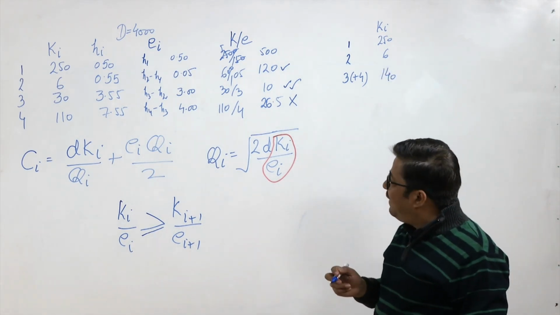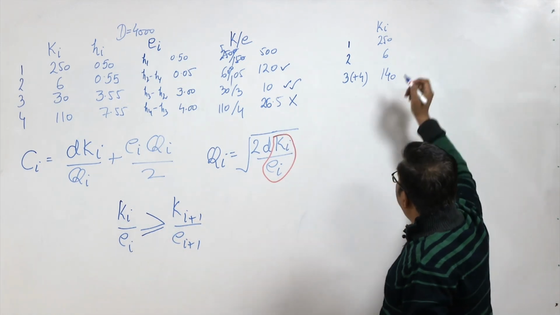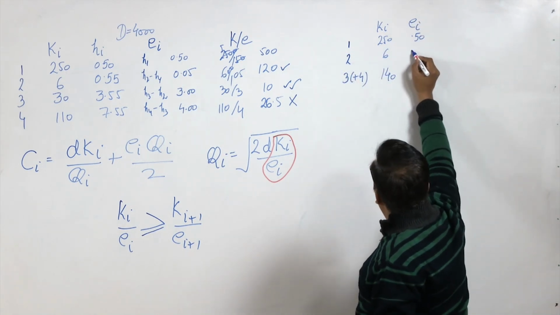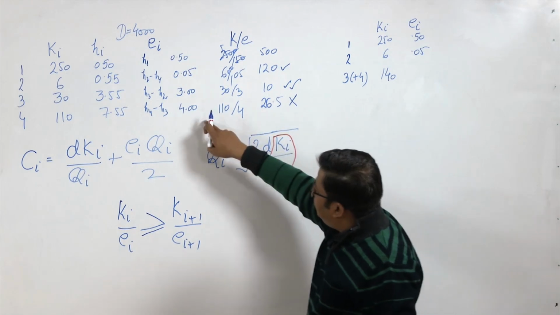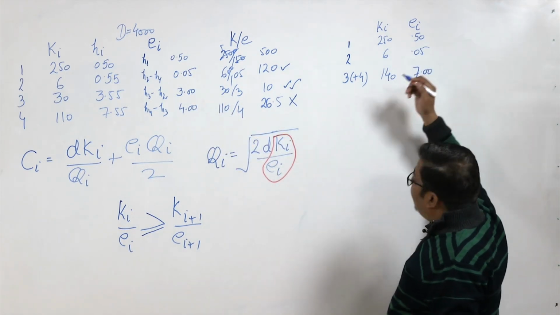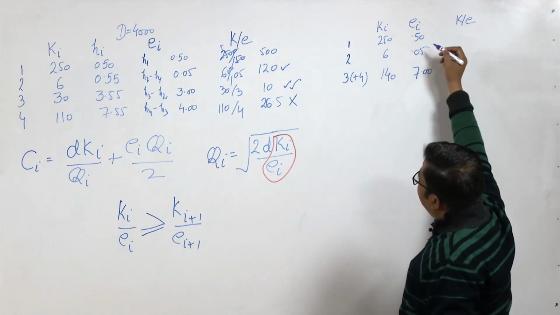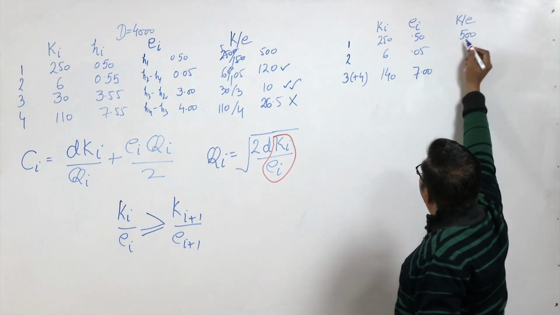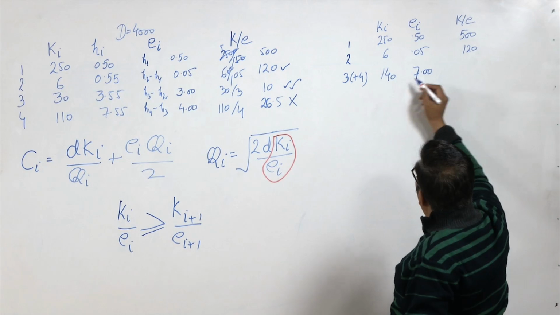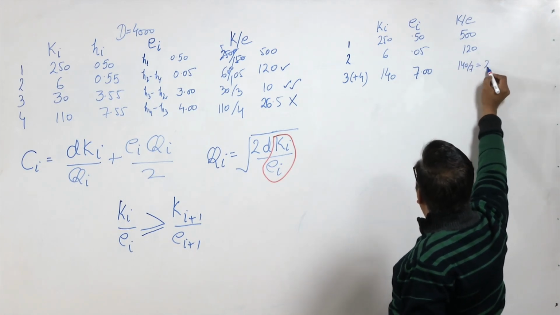And similarly you will merge the values of Ei's also. So Ei will be 0.50, 0.05, and this 3 plus 4 will become 7. And now you again calculate K upon E. So this is 250 by 0.50, the same 500, 6 upon 0.05, the same 120, and 140 upon 7, this is 20.